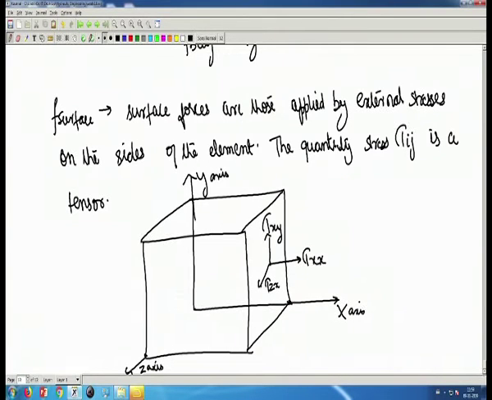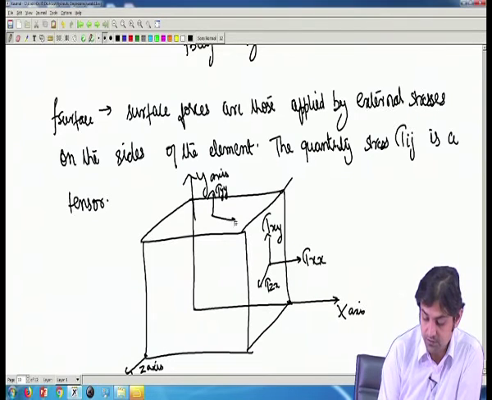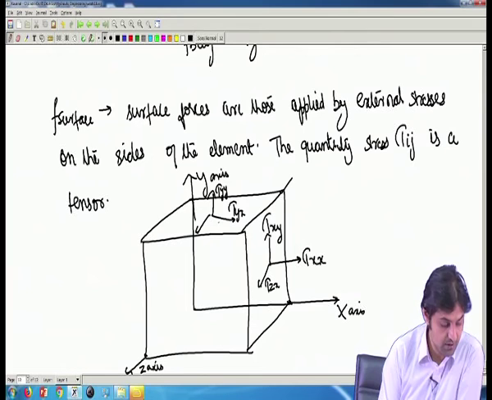So, this particular face, and the one that is acting here is tau xz. So, if we similarly write on the y surface, alright. So, this is the y surface. So, the upside is going to be tau yy, alright. This is going to be tau yx, and this side it's going to be tau yz.